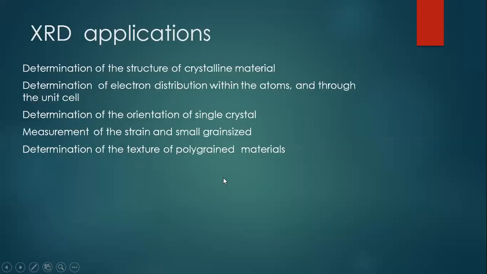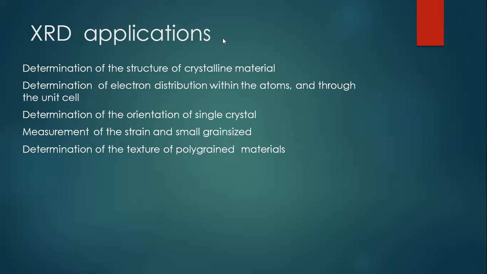So this was a brief about the XRD: how to interpret our results in the XRD, how the XRD works, and what the diagram of the XRD is. Where can we use the XRD, or what are the XRD applications?